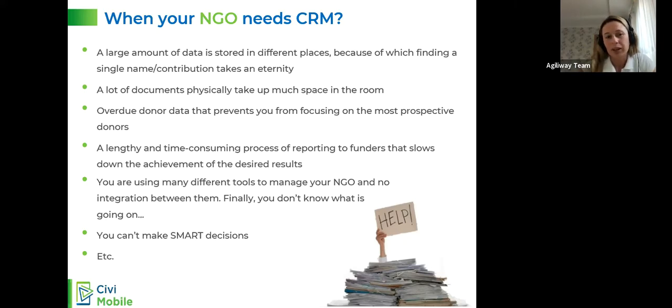Also, if you have problems with information about contributions, donor payments, you don't know what payments were done when, and you do not understand who the major donors are, these things should be put in the right places. CRM will be helpful here for sure.